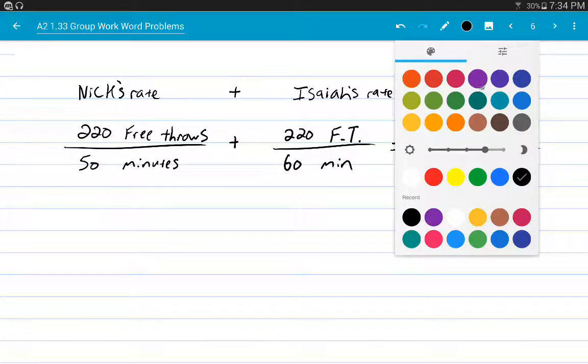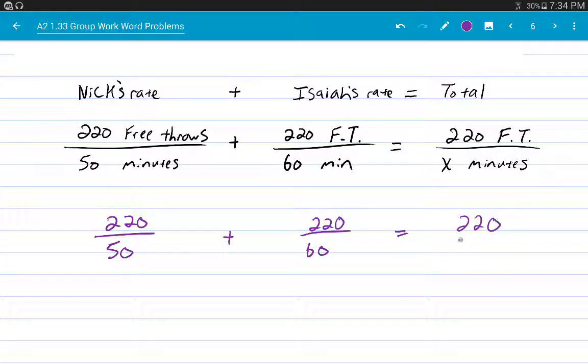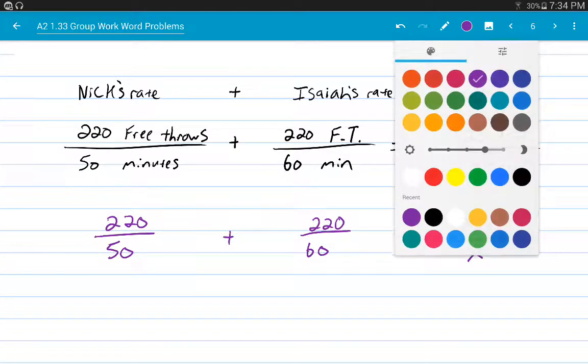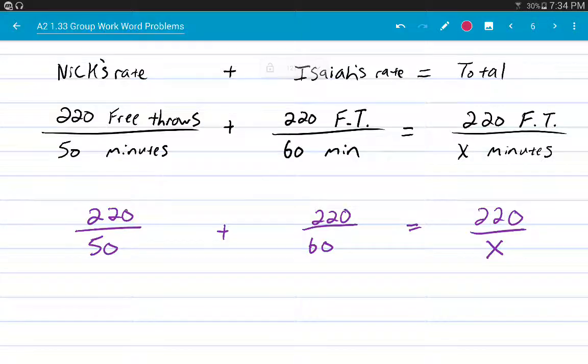Now let me take out the units and rewrite this. So what do I really have as far as the numbers go? I've got 220 over 50 plus 220 over 60 is equal to 220 over x. Now in order to solve a rational equation, we need common denominators.